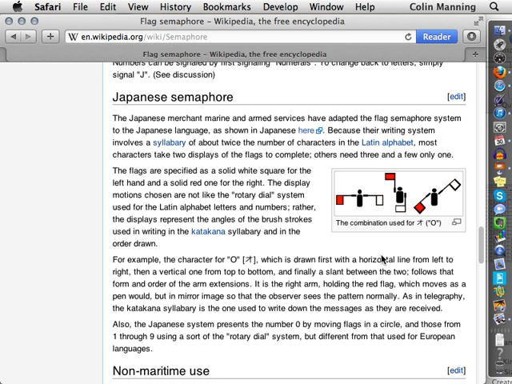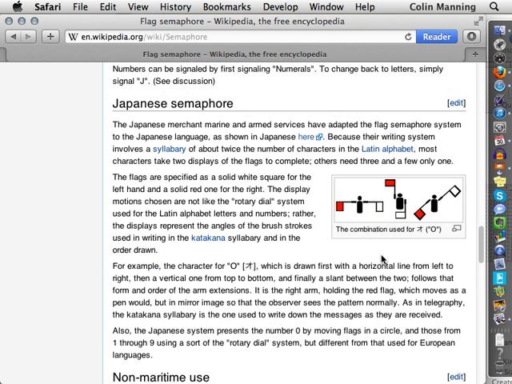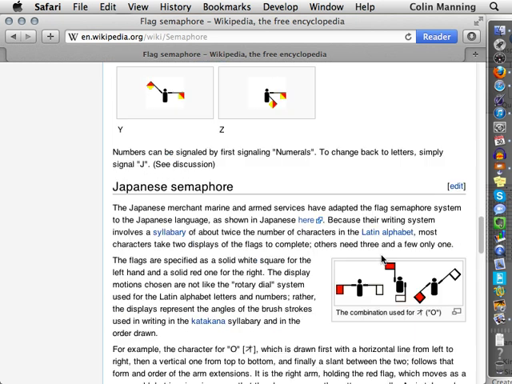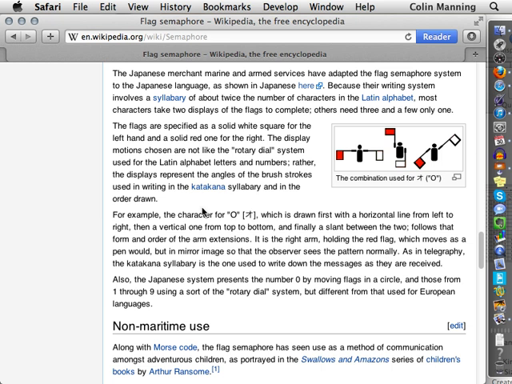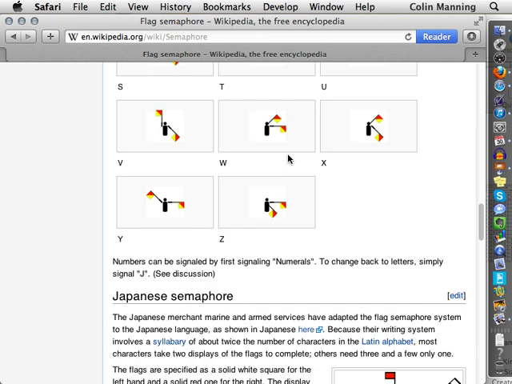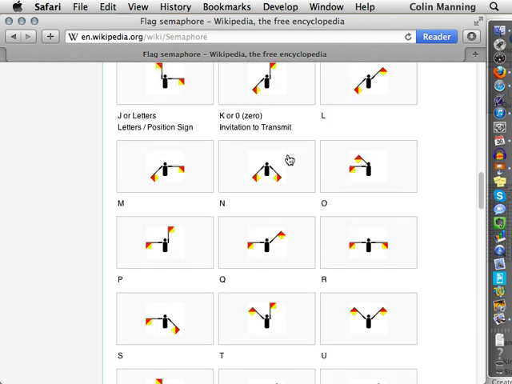Anyway, they're using katakana, which makes sense for Japanese. It would be very inefficient to do Japanese in Roman letters. Is that the one they type with on their keyboards as well? Yes, typically, yeah.